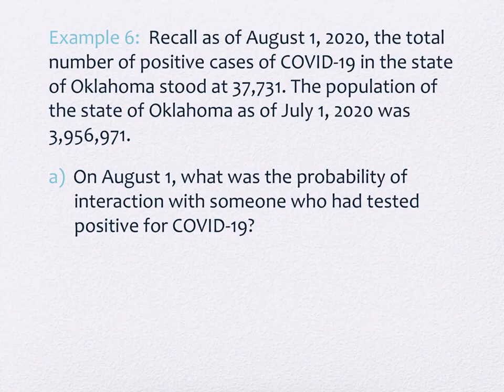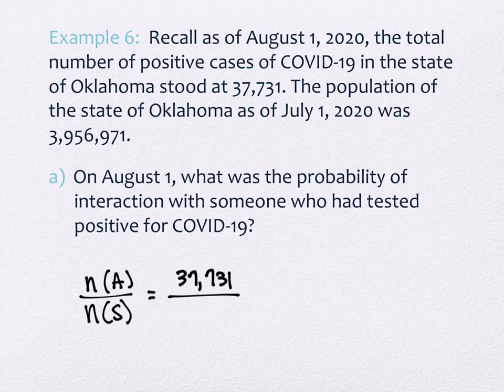Okay, so we're going to take a look at what the probability is. Probability was always calculated as the number of items in our event, A, divided by the number of items in our sample space. Our event in this case is that the person you're talking to is somebody who had COVID-19, and that here is the number 37,731.